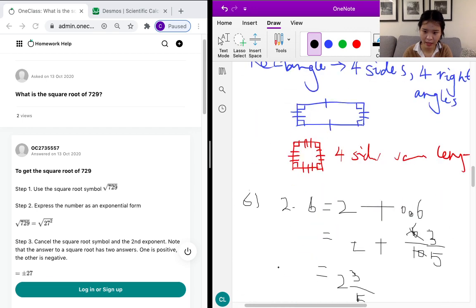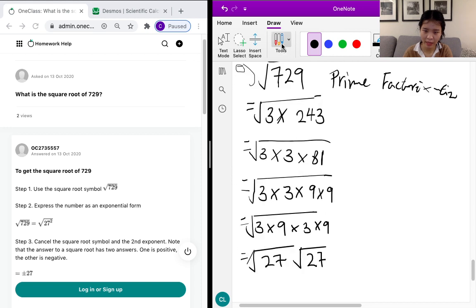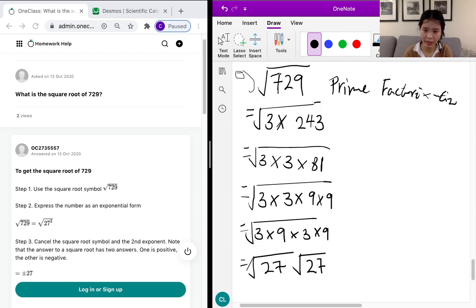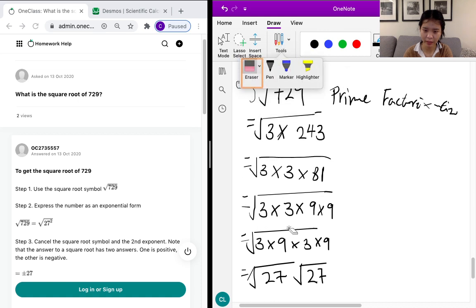So similarly, if we multiply 27 by 27, or if we square both sides of this expression, we would know, you know what, let's just square both sides of this expression.